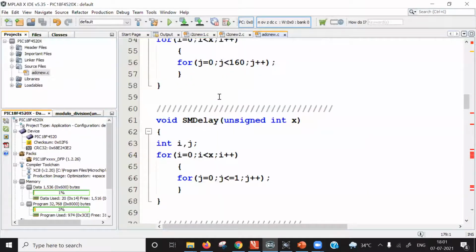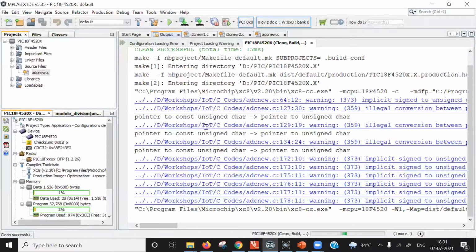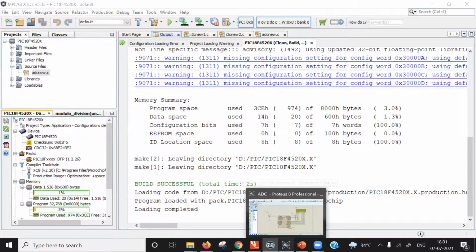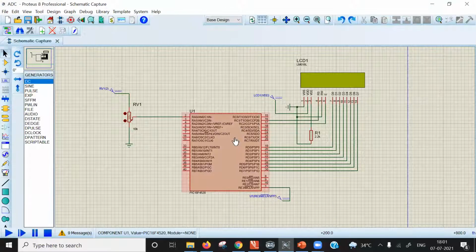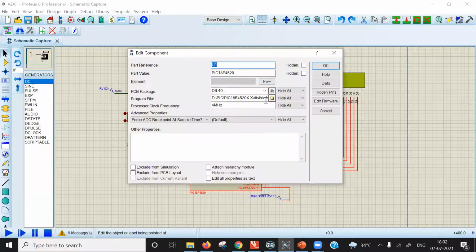Okay, you can see here. What we will do first, we'll compile, build this file. Okay, build is successful. After that, we will open Proteus. Yesterday we created this circuit in Proteus. What we will do now, we will add the program file.